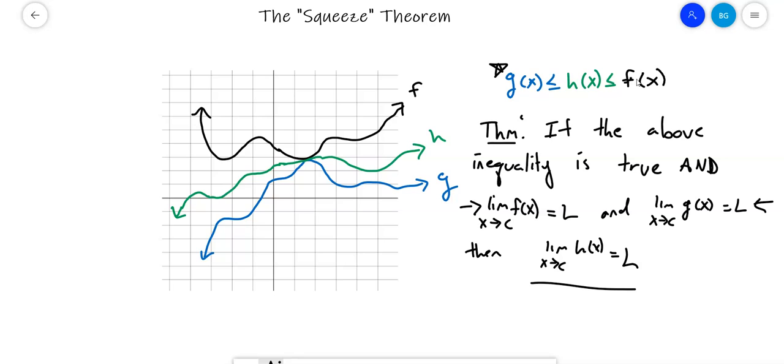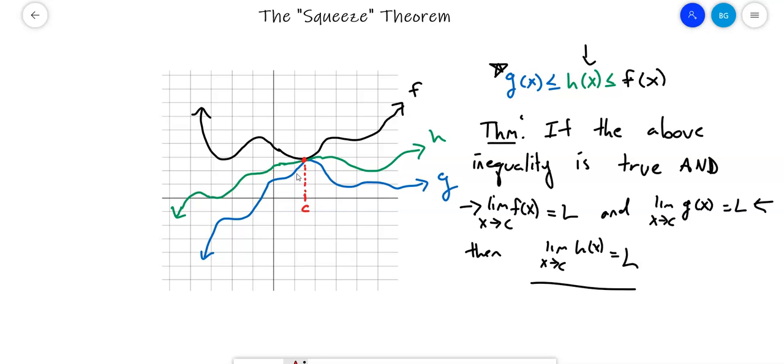Just because of this inequality, right? If h has to always be bigger than g, or at least equal to g, and smaller than f, or at least equal to f, and these two limits are L, then h has also got to be L. There's no other option, and you can see it in the picture here. Right here is our point c. And you can see f, the limit as we go towards c of f is this value. The limit as we go, now let's talk about g.